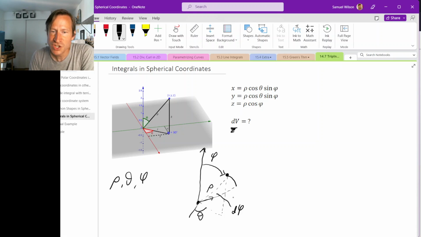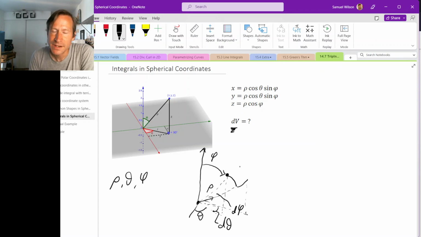When we change theta a little bit, that's going to swing this point sideways a little bit. It's kind of hard to indicate, but it's going to be like this. So this angle right here is d theta.